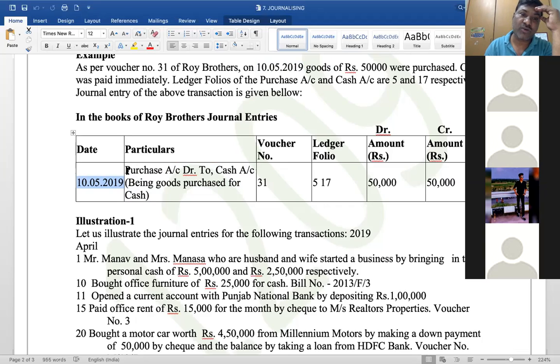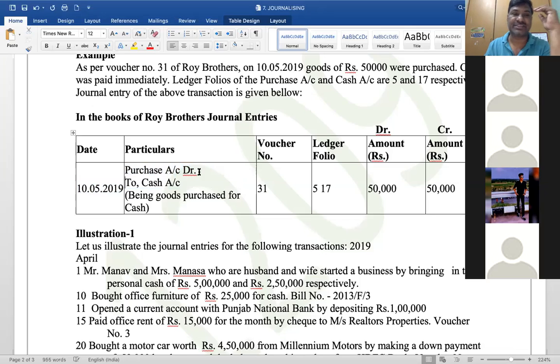So purchase of goods account debit, or simply purchases account, or simply goods account. You can write anything. If you want it to be full purchase of goods account, which very rarely people do, you can simply write purchase account or goods account. I don't know what's the practice in your school, so whatever is the practice, you can write that. Now, purchases account debit to cash account.